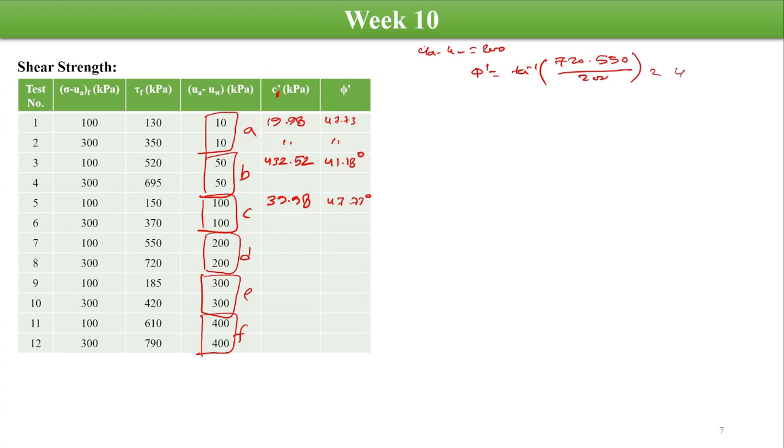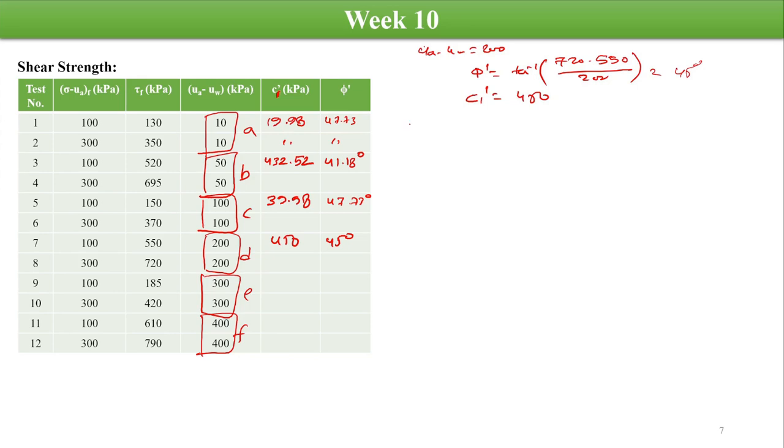So that will be equal to 45 degrees. And the value of C1 dash will be equal to 550 minus 100 times tan 45, which is 450. So we can write 450 here.